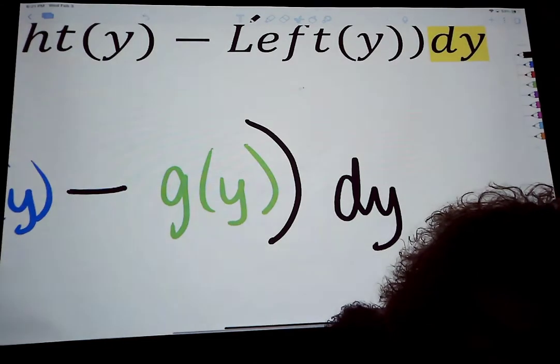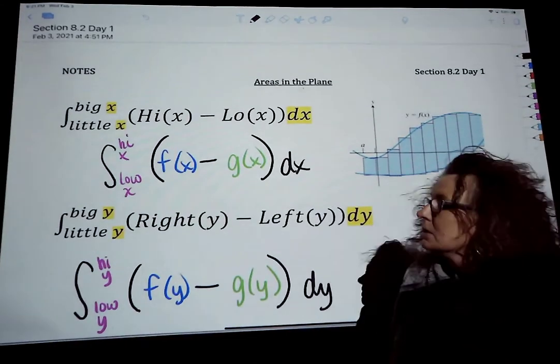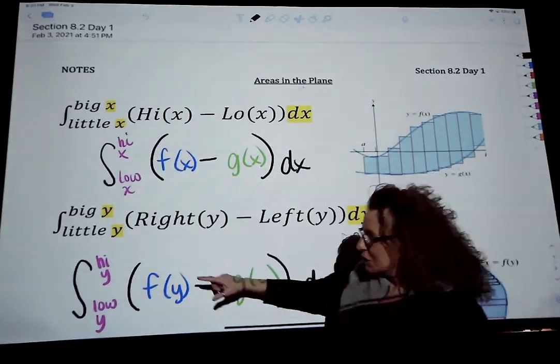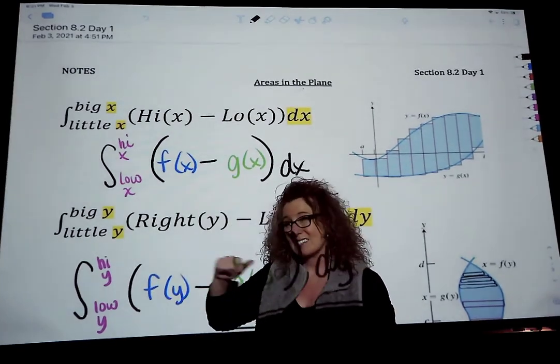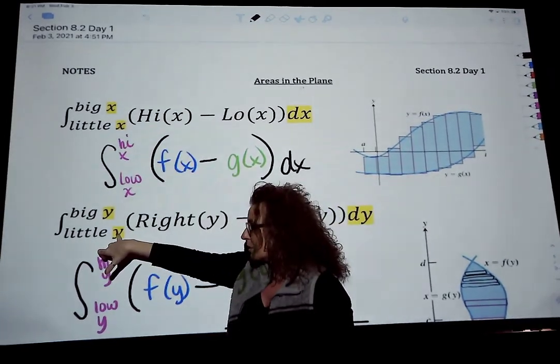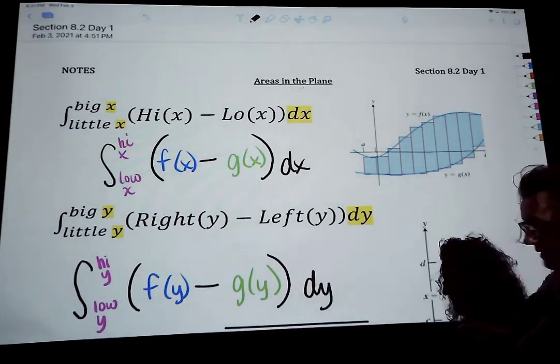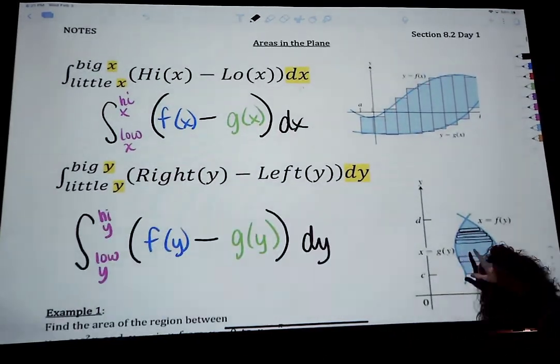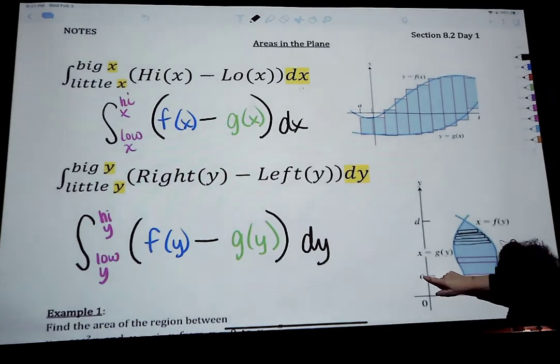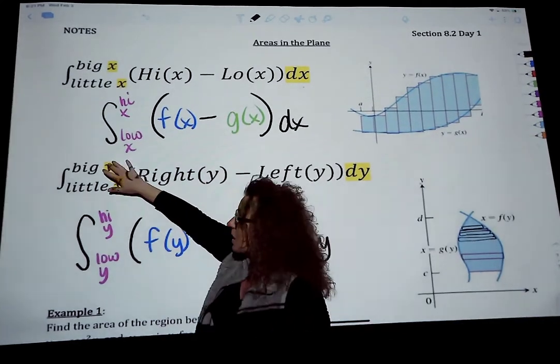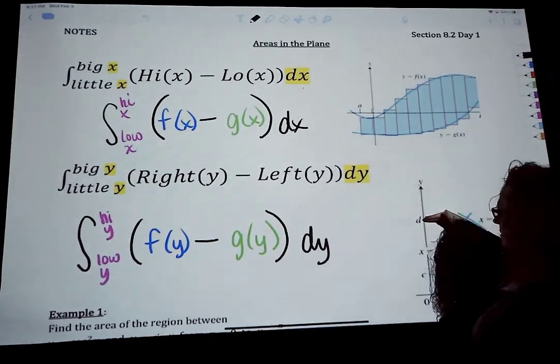So you're going to make sure that when you're using sideways rectangles, we're going to put our lowest y down here, that would be this guy, and our highest y up here, that would be this one.